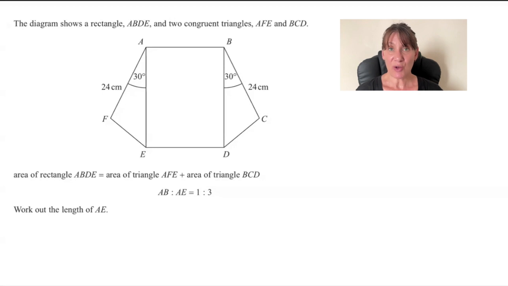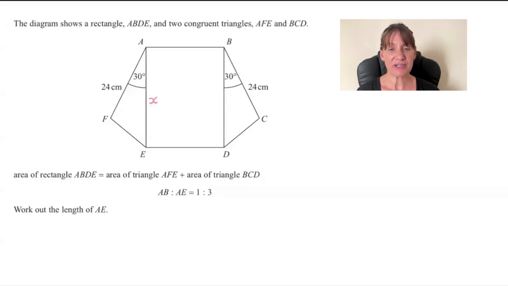I do not know the length AE. So at this stage in the problem, I have decided to call it x. And at the end of the walkthrough, I will say a slightly different way of representing it, but I'm choosing x for simplicity, okay?